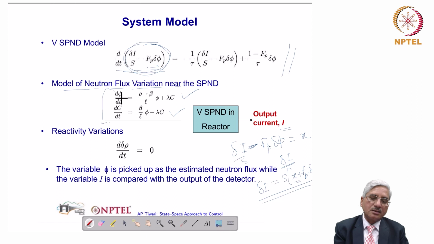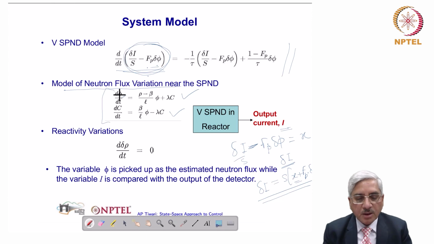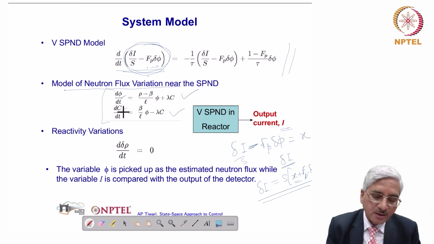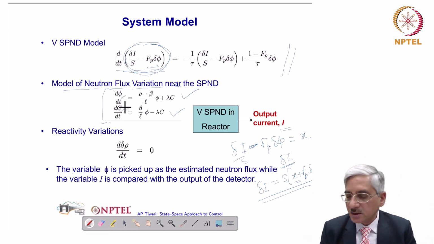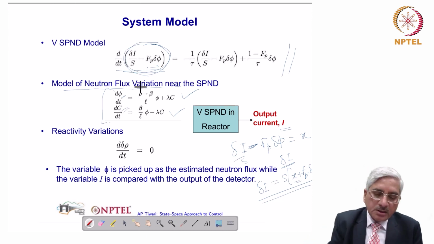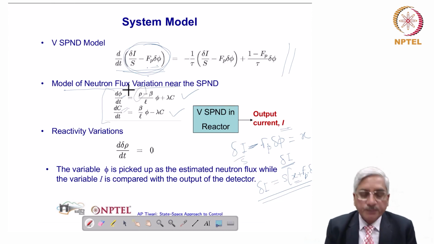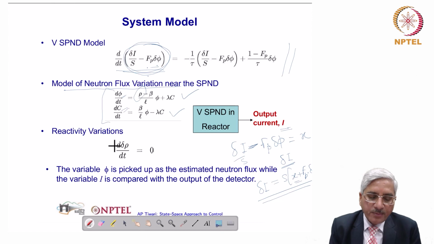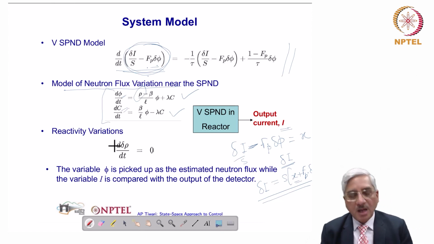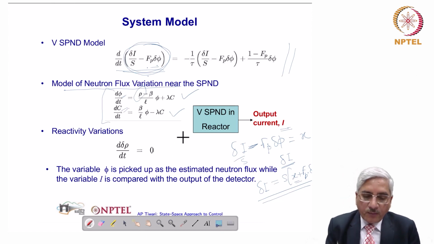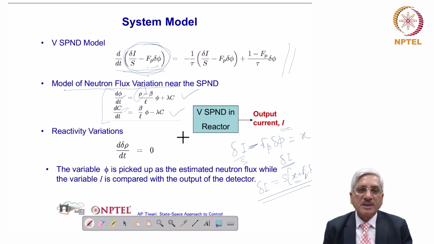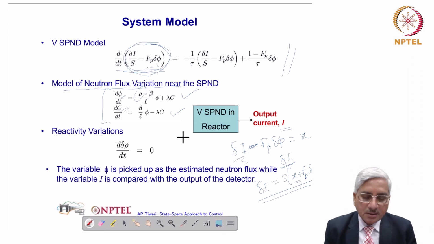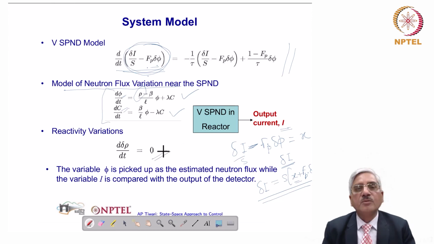We have just taken the linear amplifier signal as the neutron flux, and the delayed neutron precursor concentration as the state variables of the system. In these equations, the reactivity rho varies depending upon the control rod position. However, for application of the Kalman filter to the vanadium SPND problem, these reactivity variations have been expressed through a random walk model.